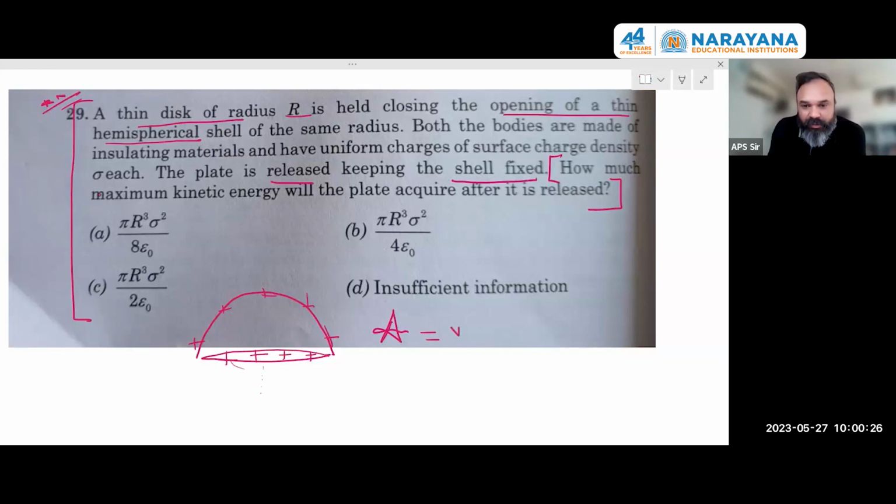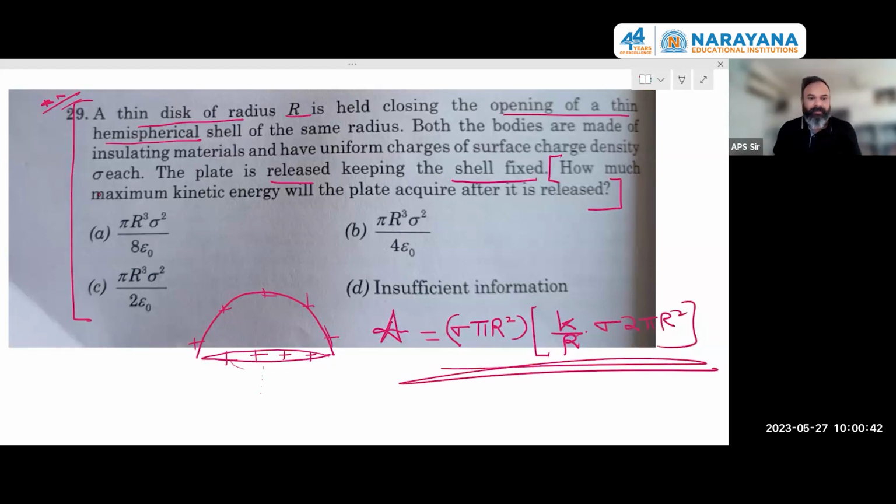I will say sigma pi r square, into k by r, k is 1 upon 4 pi epsilon naught, into sigma into 2 pi r square, and I'm done. I think you understand that I'm right.